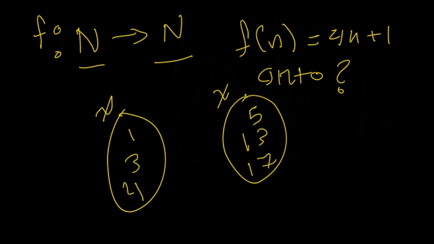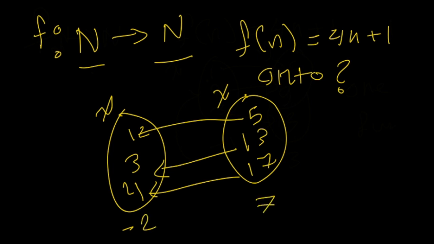You will find that every image in the codomain seems to be mapped by a number from the domain. But let me try some negative values, for example minus 2. Minus 2 multiplied by 4 is minus 8, plus 1 is minus 7.